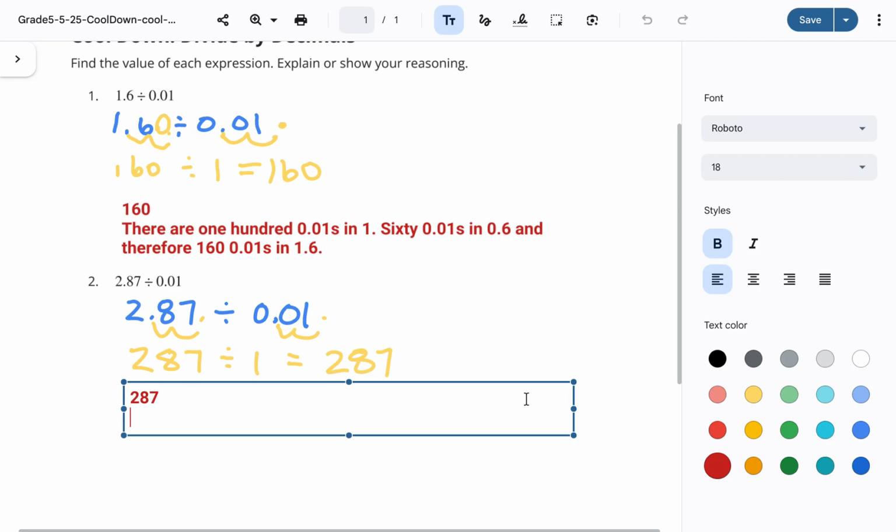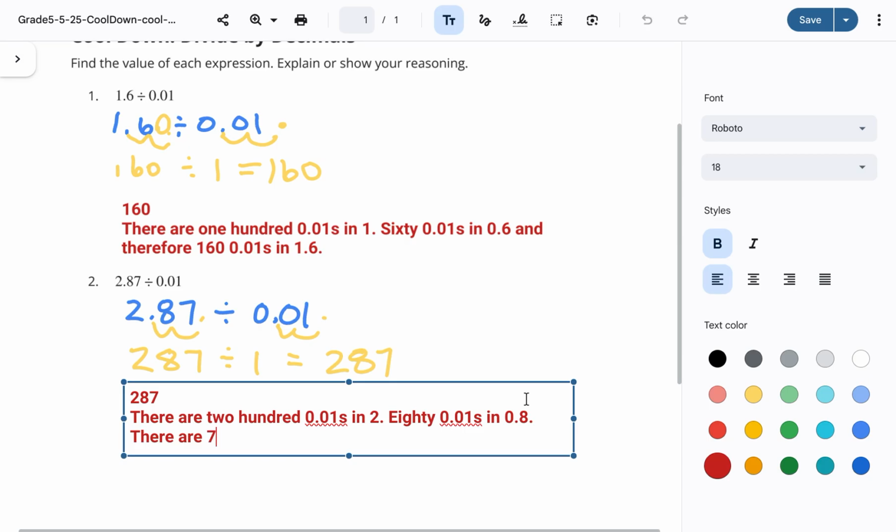That is the actual mathematical answer. Now let's write why. There are 200 hundredths in 2, right? That was the first step. Now we're going to say that there are 80 hundredths to be clear. There are 80 hundredths in 8/10.